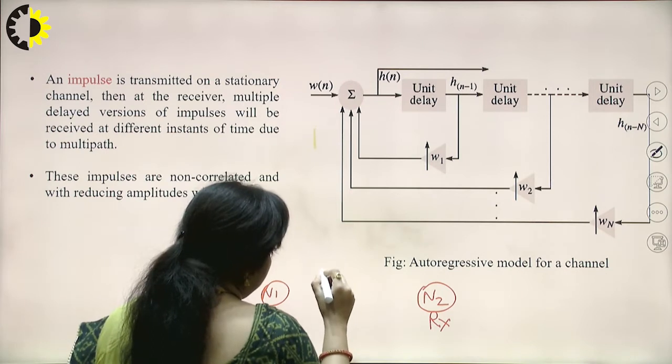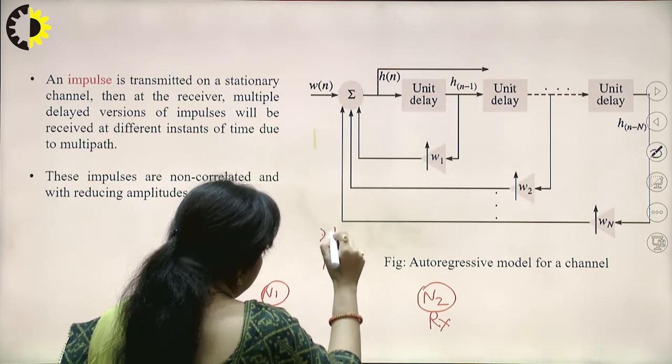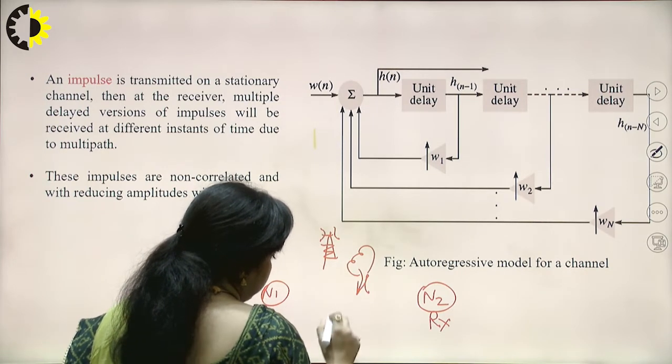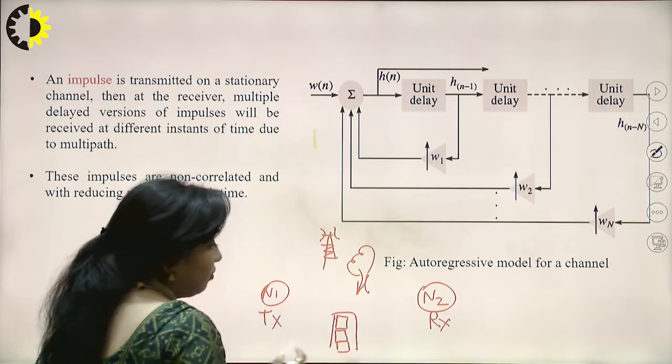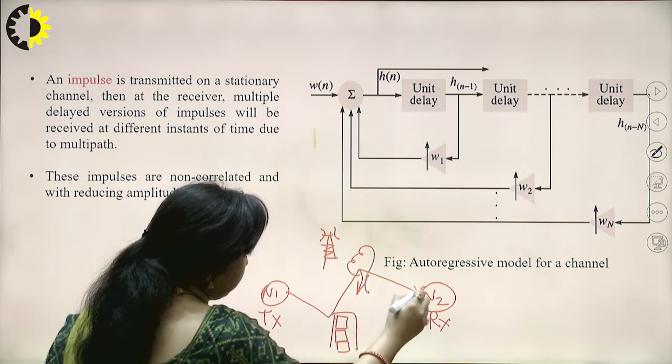So it may be possible that there exists some antenna, there exists a tree, there exists a building. So there will be multipath propagation that can happen like this.